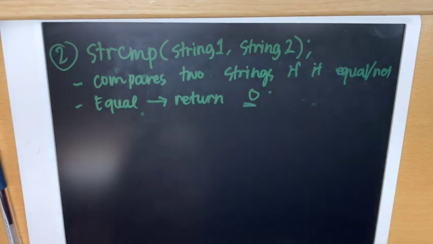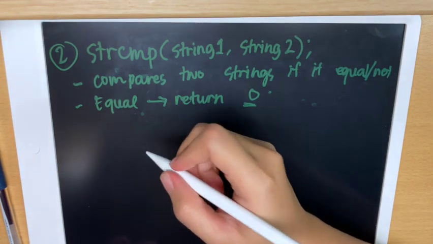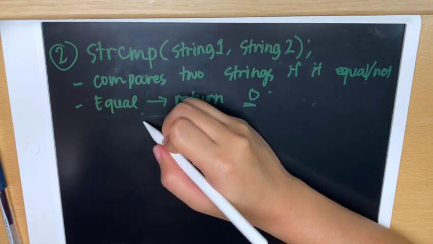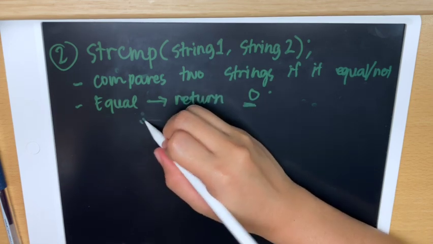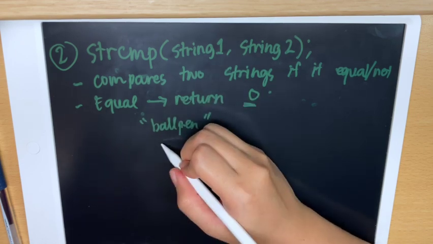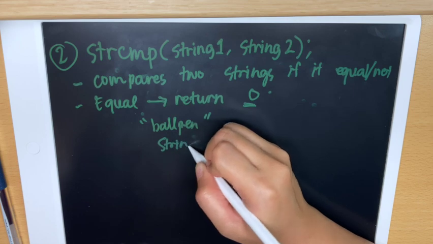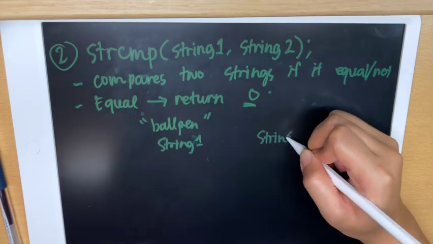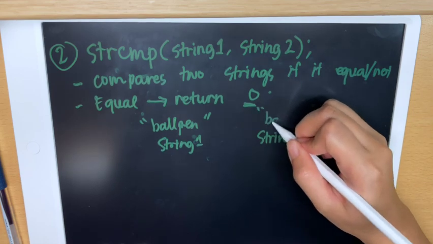Why will it return 0? So let's say the value is ball pen. String 1 is ball pen, and string 2 is ball pen.